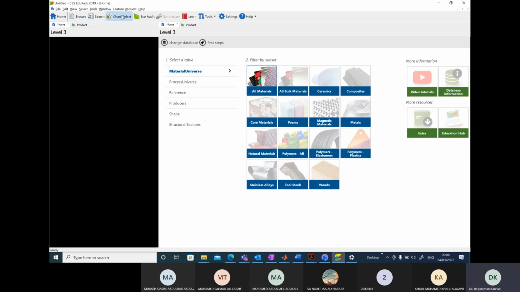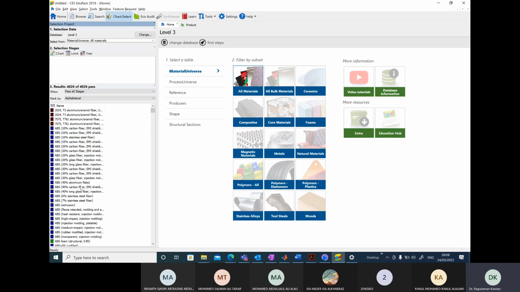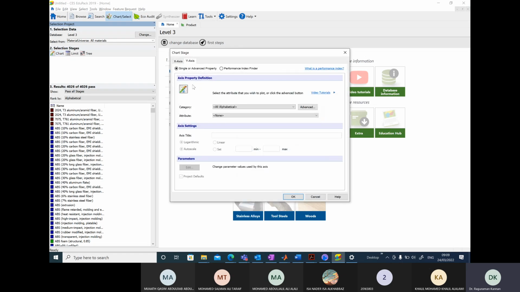So let's see again, chart. You can see specific materials are being listed here with the standards. The identification of the material is through the standards here. Some of the materials, at least. Let's draw the same Ashby chart.